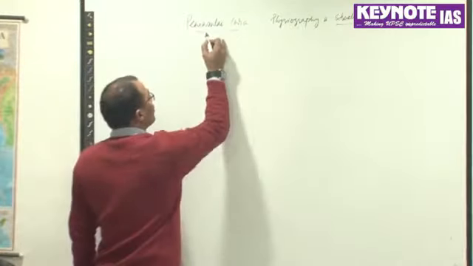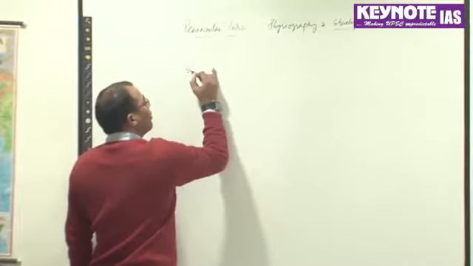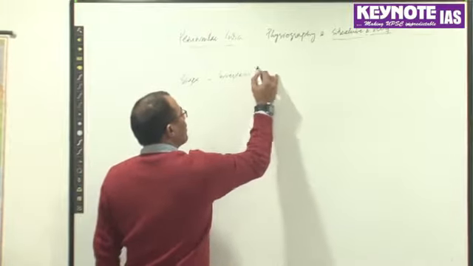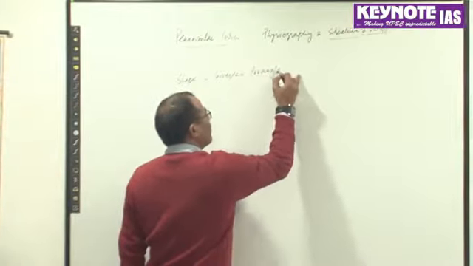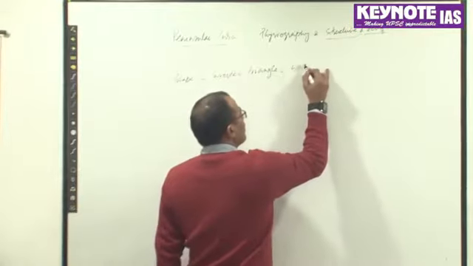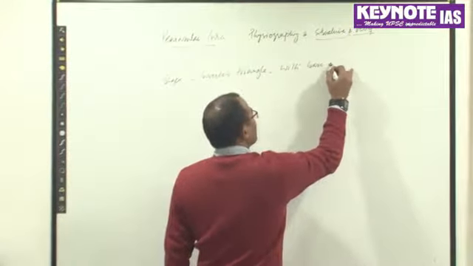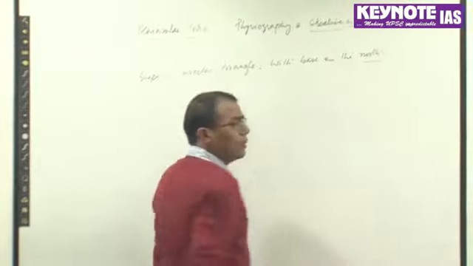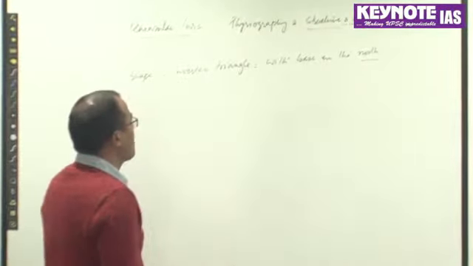First, the outer boundary of peninsular India. The shape is an inverted triangle with base in the north. That is the present one, right?